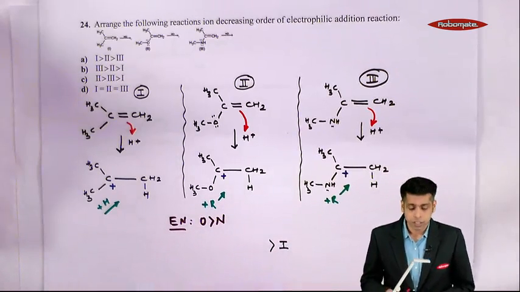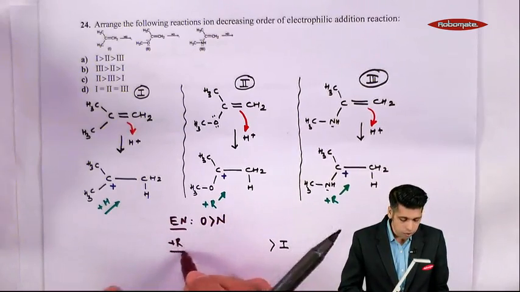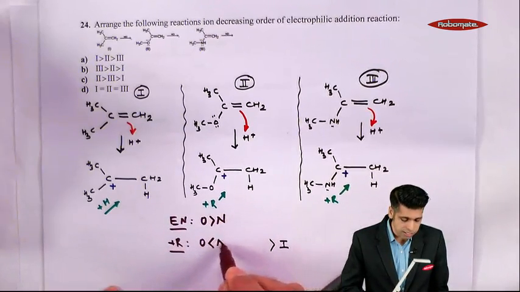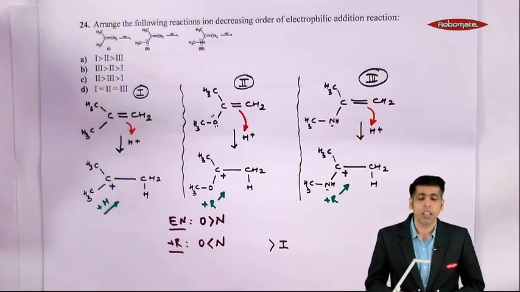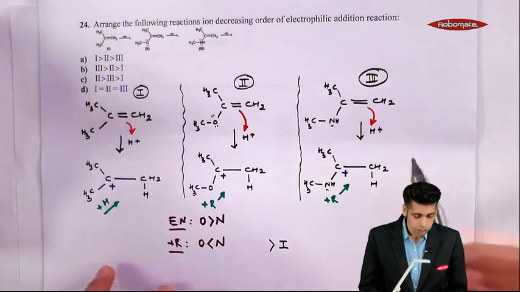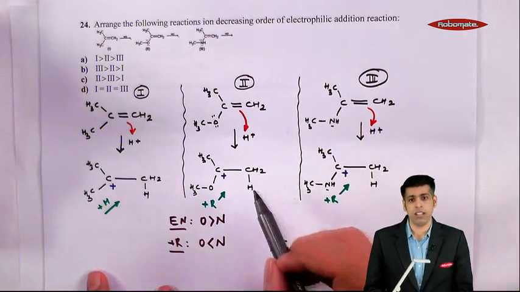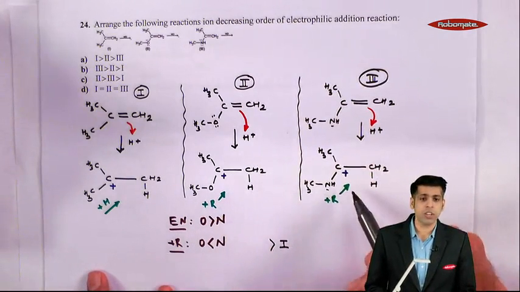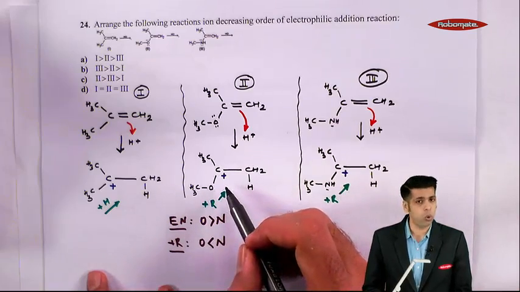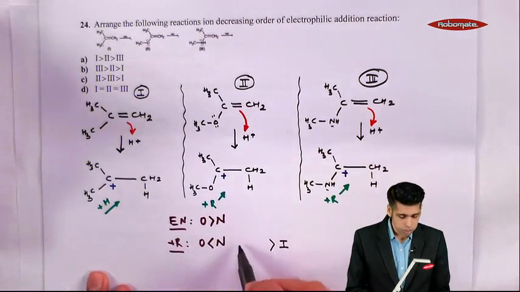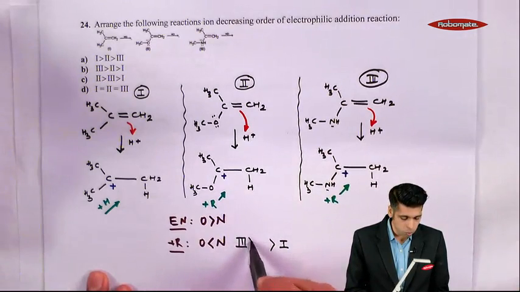And hence the plus R effect of oxygen is less than nitrogen. And hence, students, the third substrate would result in a more stable carbocation than the second, because N shows greater plus R than O. And hence, students, 3 would definitely be more stable than 2.